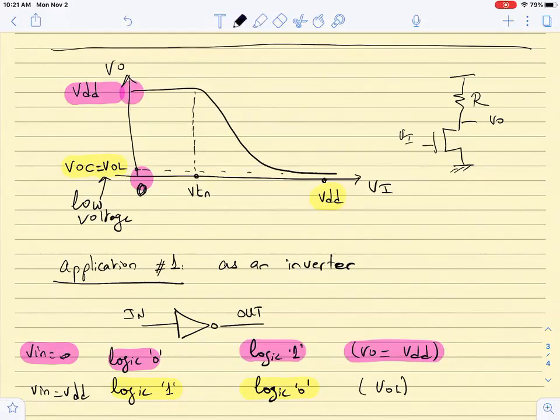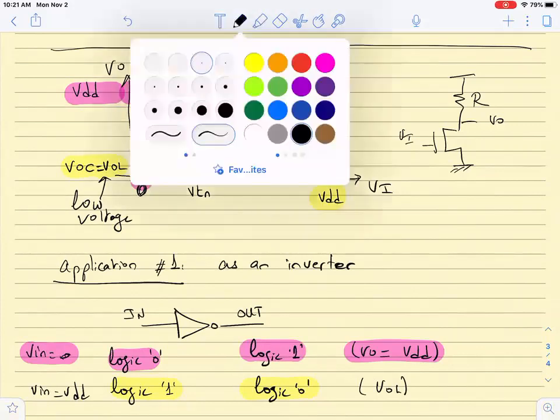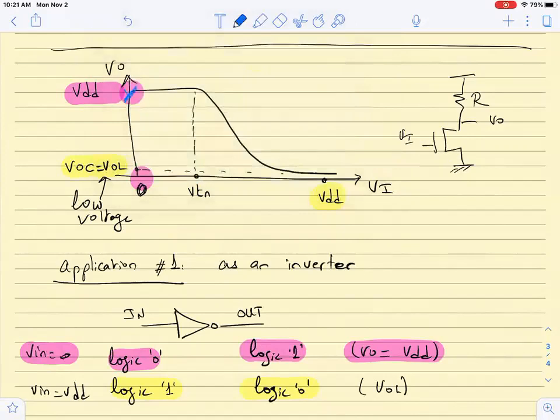So if I operate between this point and this point, meaning if I send a signal Vn as a function of time, which operates between 0 and VDD, a square signal for digital operation, the output we will have here is in this form.